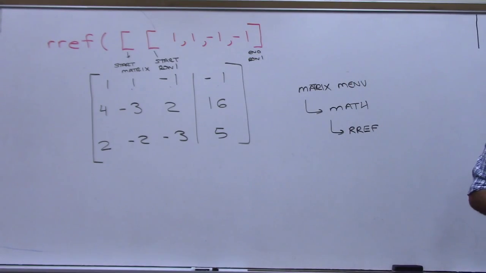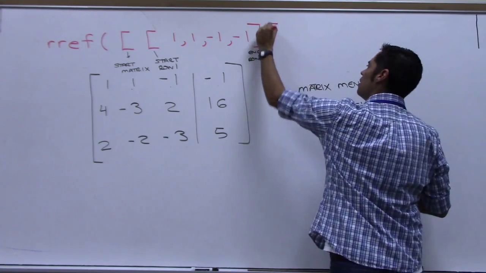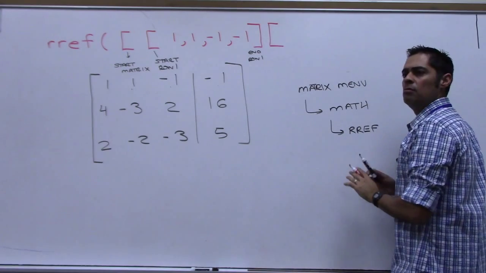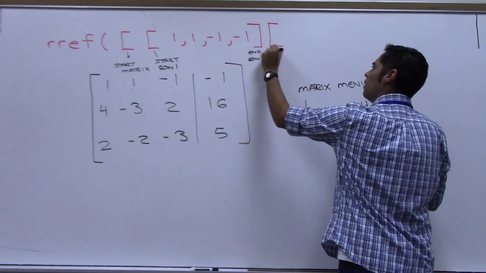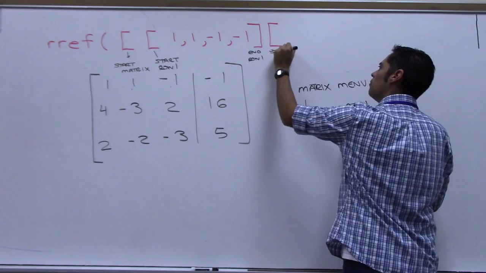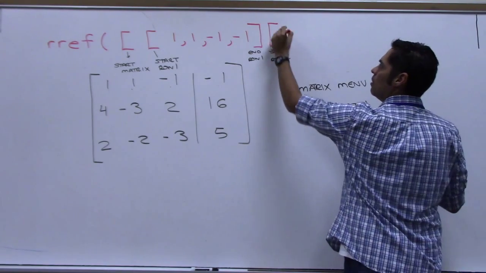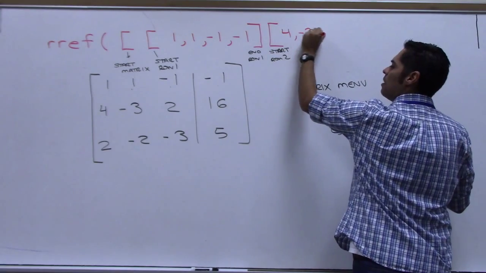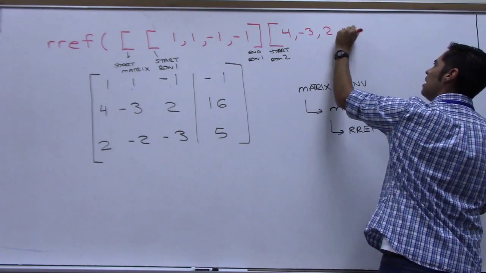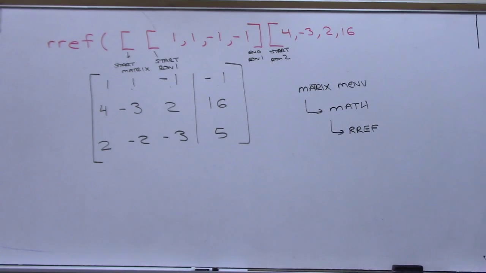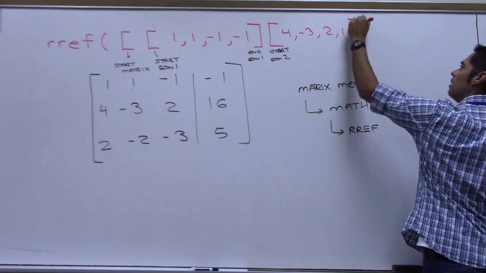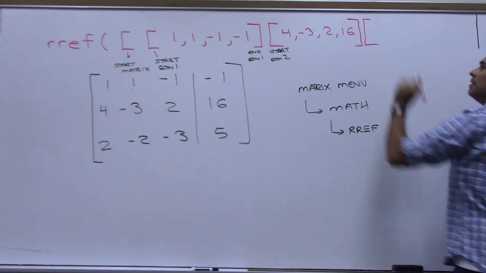Then what? What do you think? Another bracket. Start row 2. All the numbers with commas. 4, negative 3, 2, 16. Then what? Close bracket. Then open bracket.